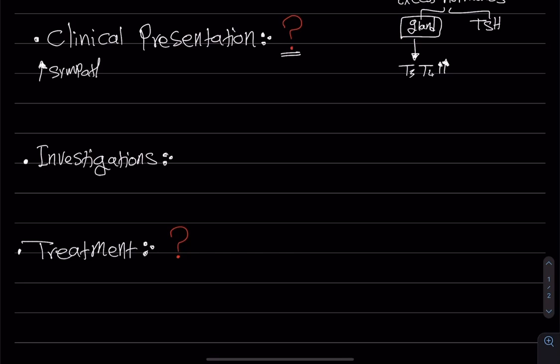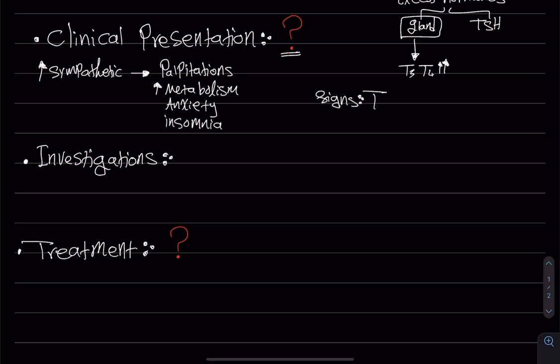So when there's an excess amount of them, there's stimulation of the sympathetic system, by which there will be palpitations, increased metabolism that leads to weight loss, insomnia, and anxiety. And when you examine the patient to search for signs of hyperthyroidism, you may find tachycardia, hyperreflexia and lid lag.